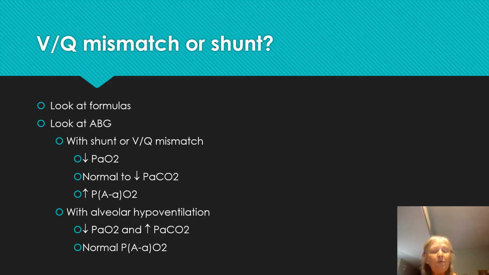With alveolar hypoventilation, what we see is a decrease in our PaO2 and an increase in CO2. However, the A to A gradient or difference is normal. It's normal because you don't have gas exchange going on, basically because the patient's not breathing.